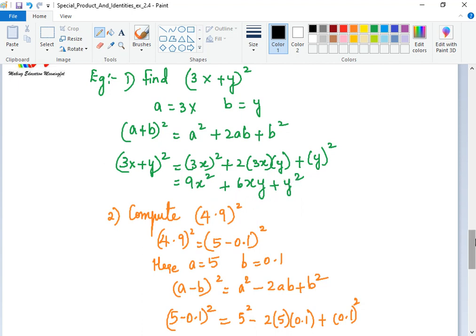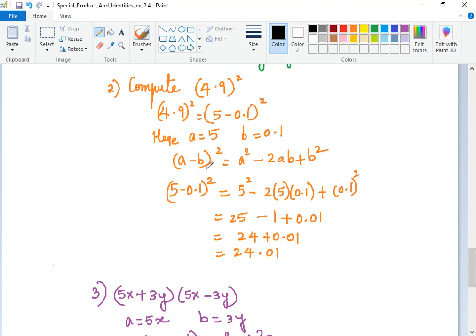Okay. Now they may ask you to solve a numerical problem. Instead of variables, they may just involve numbers. Like in this case, I took this example from your textbook. It says compute 4.9 the whole square. So if you have 4.9 the whole square, this could actually be written as 5 minus 0.1 the whole square, right? So here I can use the formula.